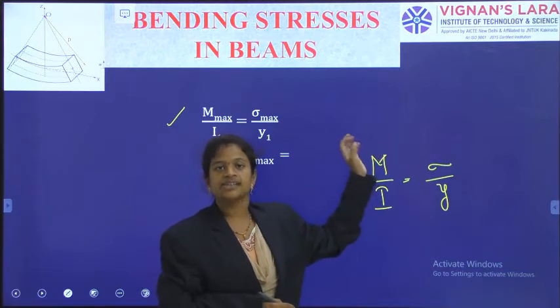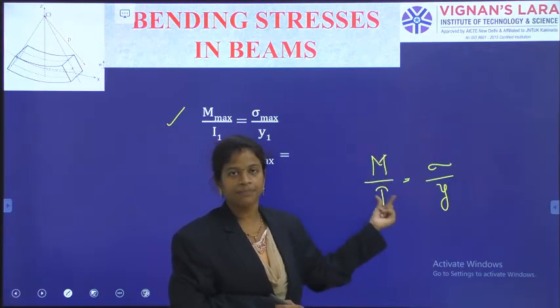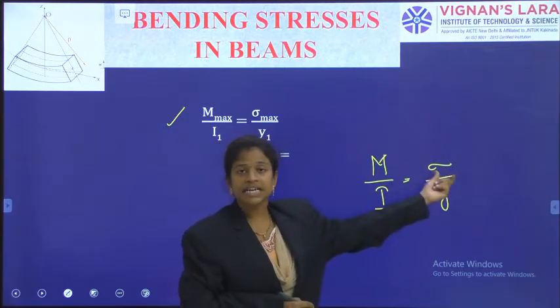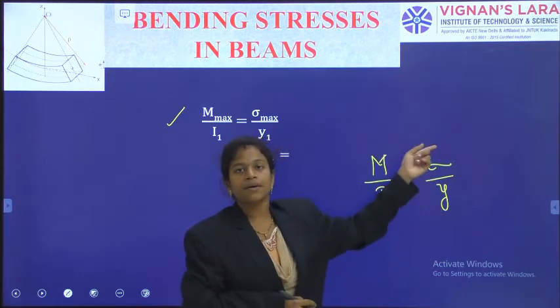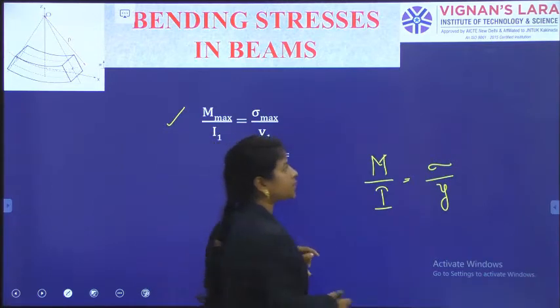Moment of resistance offered by the section is equal to the maximum bending moment we are applying onto the beam. I is the moment of inertia of the section about the neutral axis. Sigma is the bending stress occurring, and Y is the distance of the particular point where I am calculating the bending stress. Now I am going for the point.